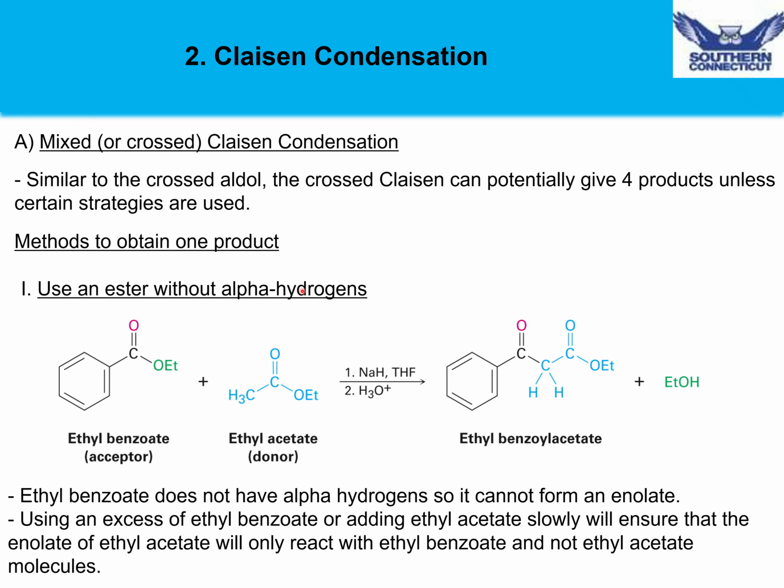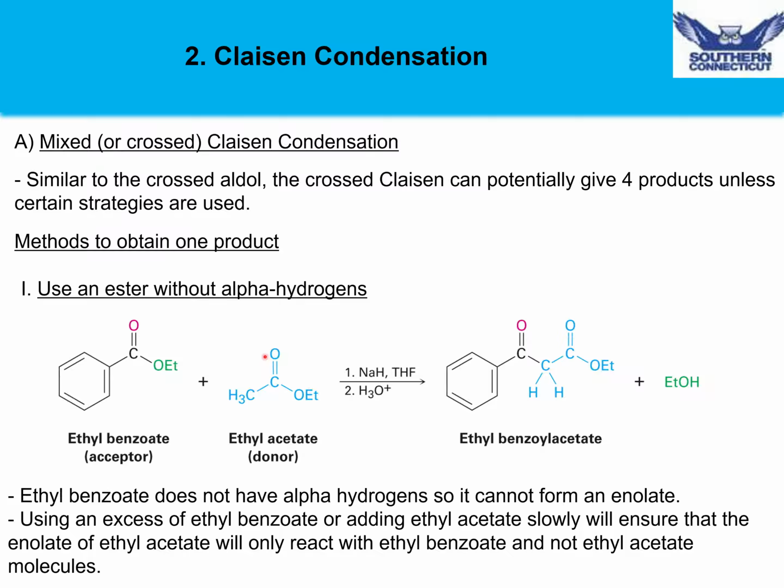Note that using an excess of ethyl benzoate or adding ethyl acetate slowly to the reaction will ensure that the enolate of ethyl acetate, once it's formed, will only see or mostly see other molecules of ethyl benzoate rather than other molecules of ethyl acetate to react with.